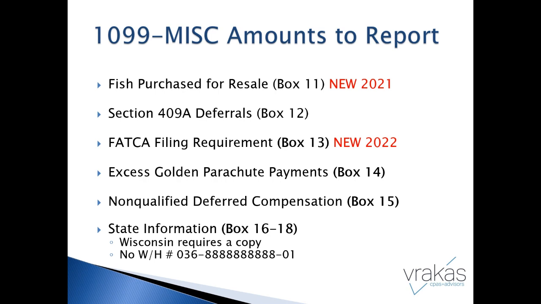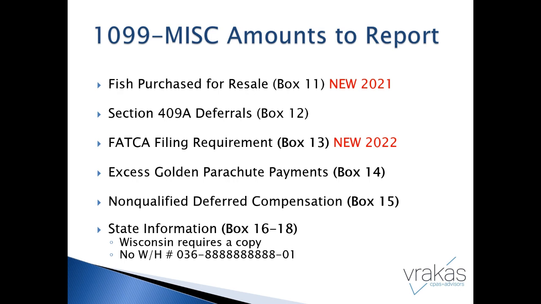Box 16 is the withholding amount, if any, that you had. Box 17 is the state code, like Wisconsin would be WI, the 2-digit abbreviation, plus your withholding number. And then box 18 is the amount of income for the services in that state. Now box 18 does not need to equal the other box that you have included on the form.